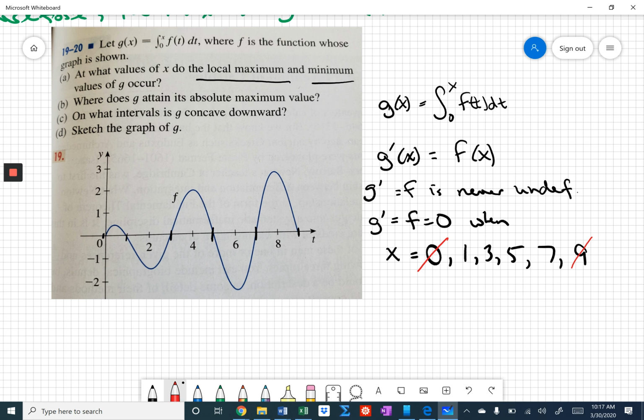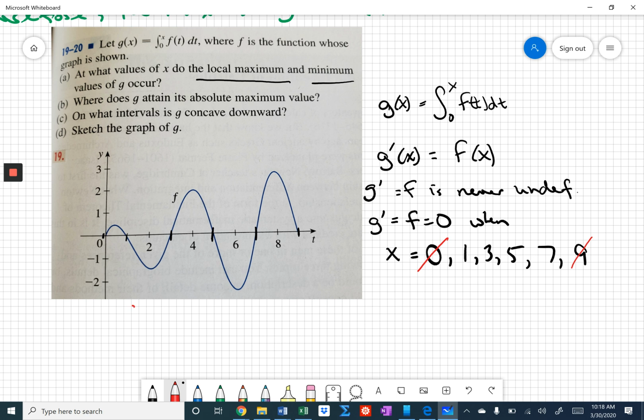And for local extrema, we're looking at the graph of the derivative of g. We're looking at g prime. All right, so using the first derivative test to find local maxima, we want to figure out where the derivative changes from positive to negative.